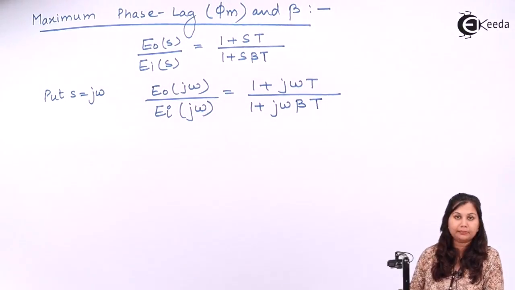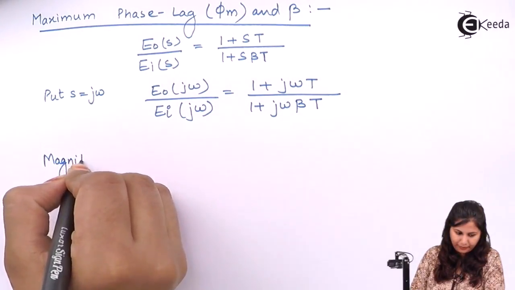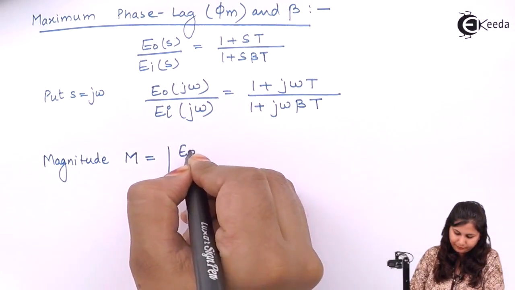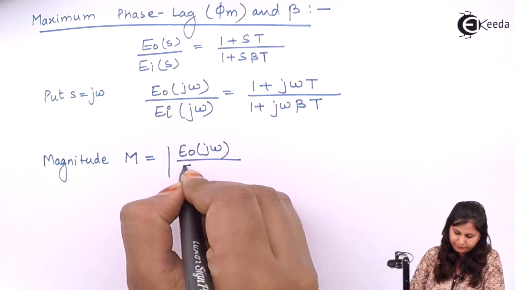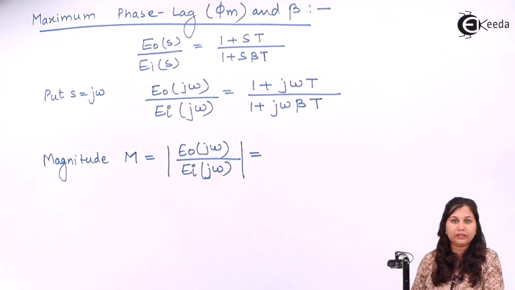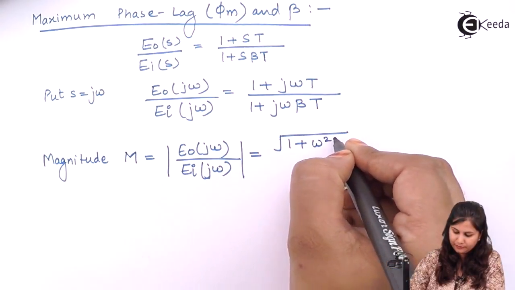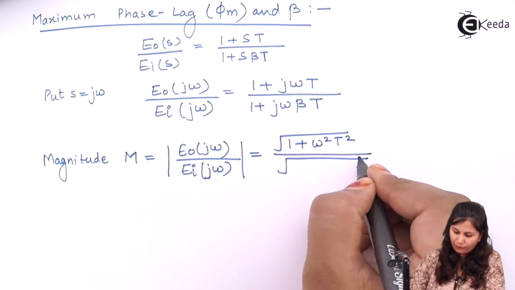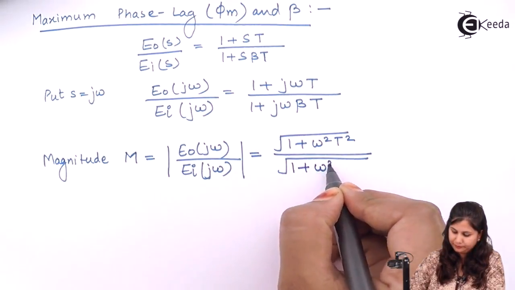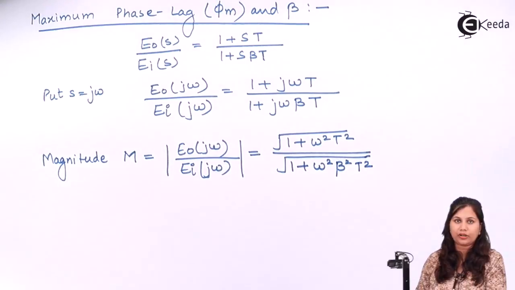Now let's calculate the magnitude of this transfer function. The magnitude is represented by M, and it will be equal to the square root of 1 plus omega squared T squared, upon the square root of 1 plus omega squared beta squared T squared. This is the magnitude of the transfer function.